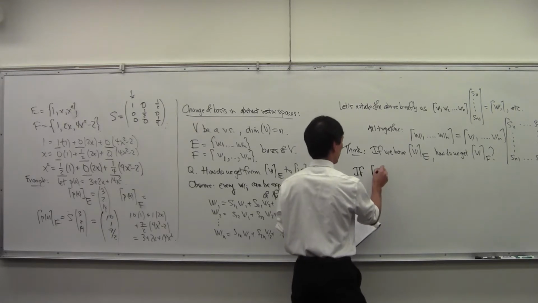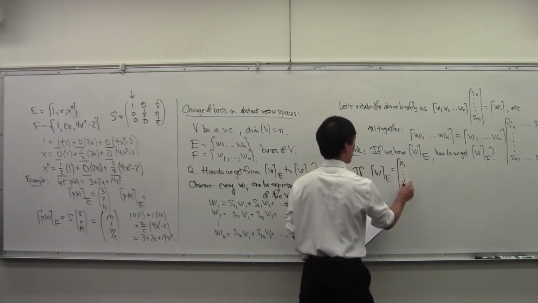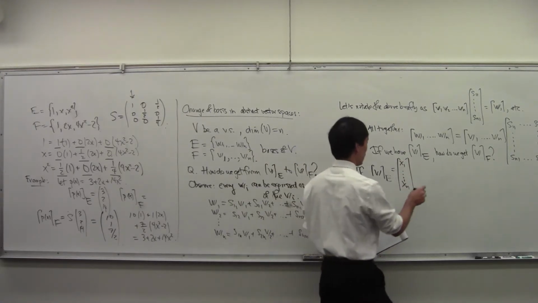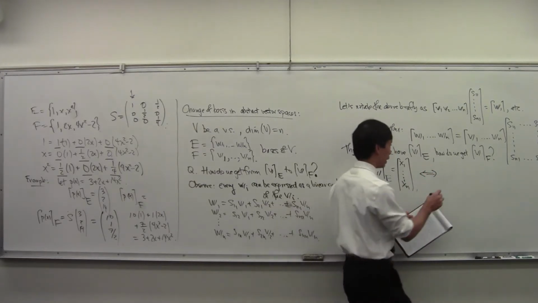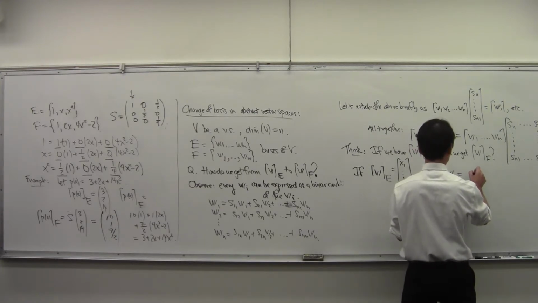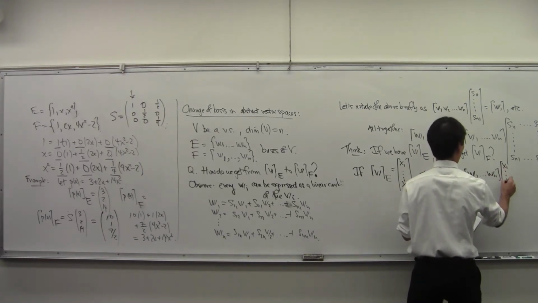If V sub E is some vector x1 through xn, that's the same thing as saying that V is W1 through Wn times x1 through xn.